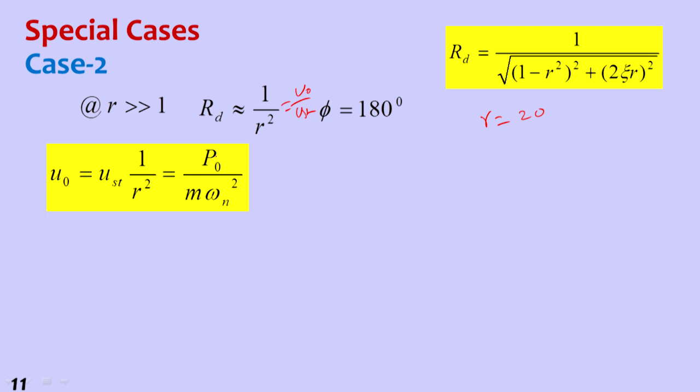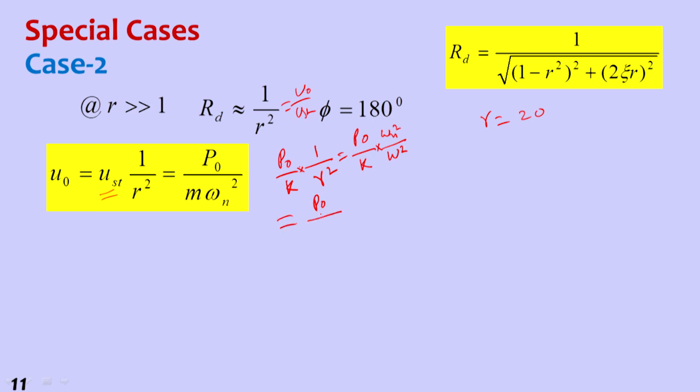So ust is p naught by k, and if you expand this, we get p naught by k into 1 by R square, but that is equal to p naught by k into omega n square by omega square.